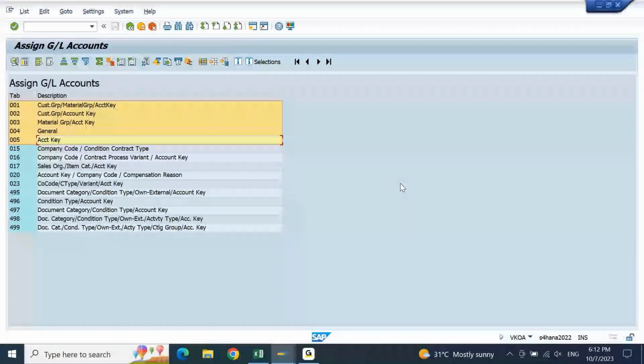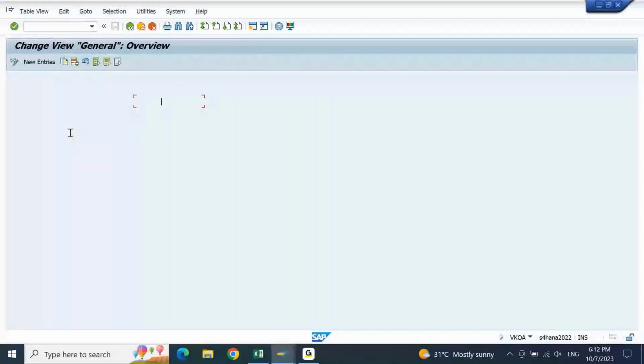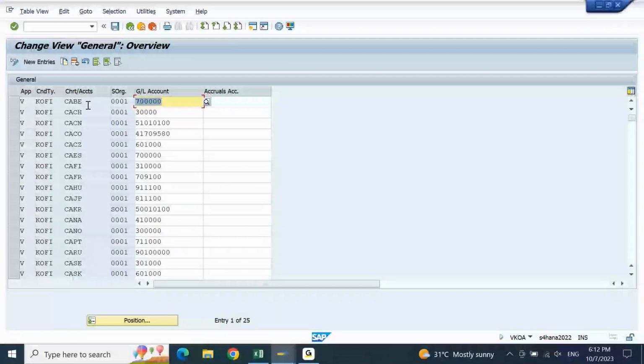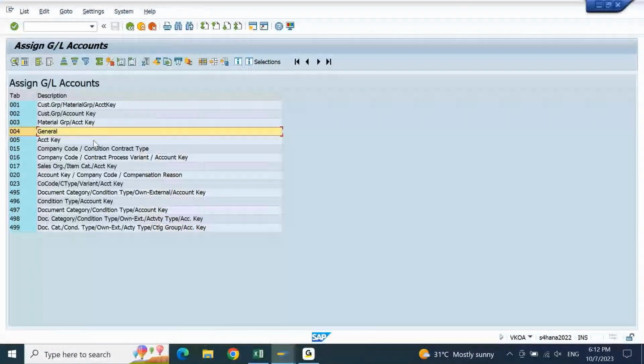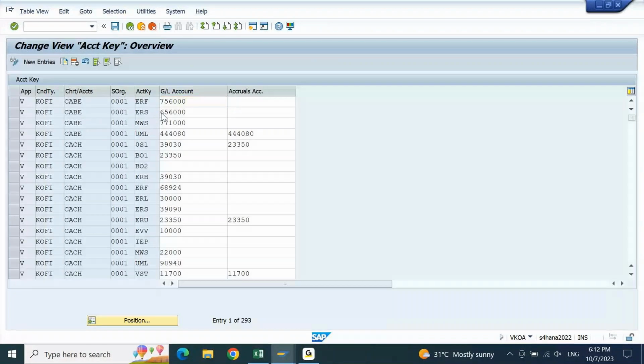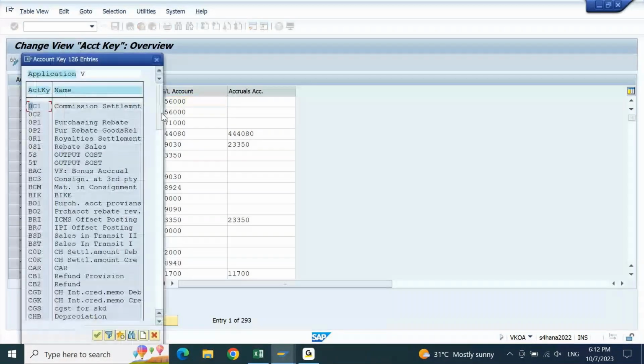Freight revenue. Right. If I go to this, now which account keys are we going to use here? If it is sales, which account key will be used?